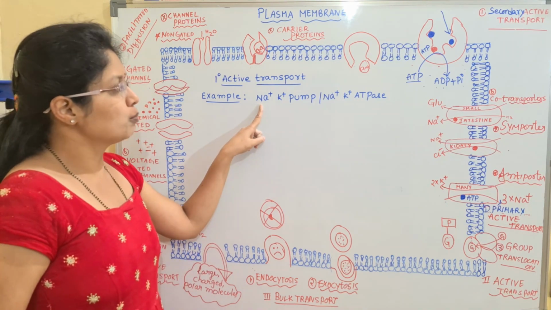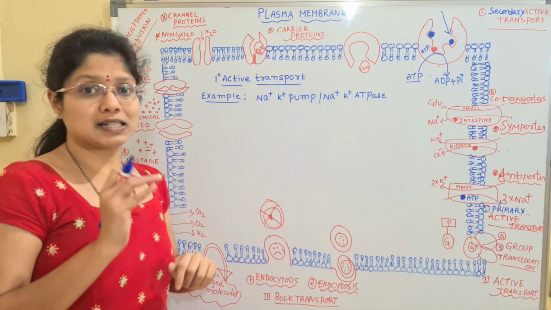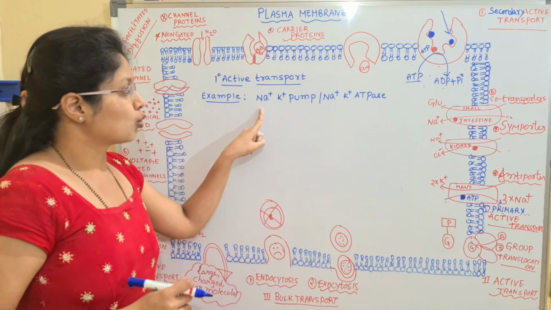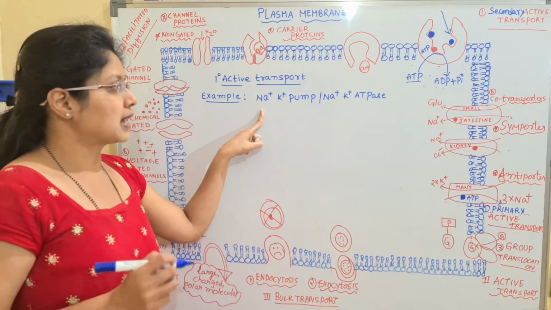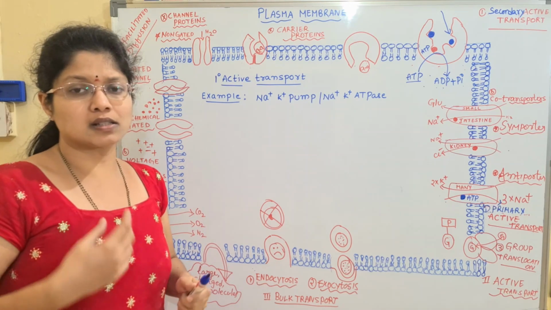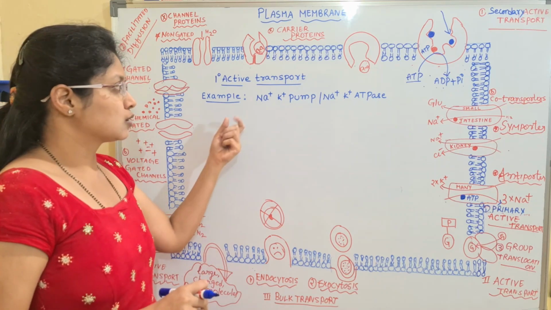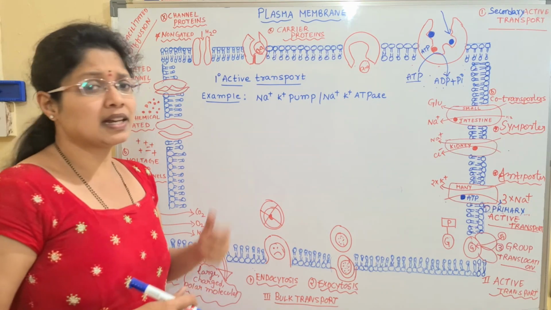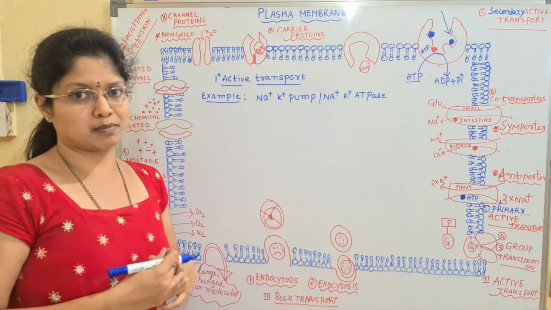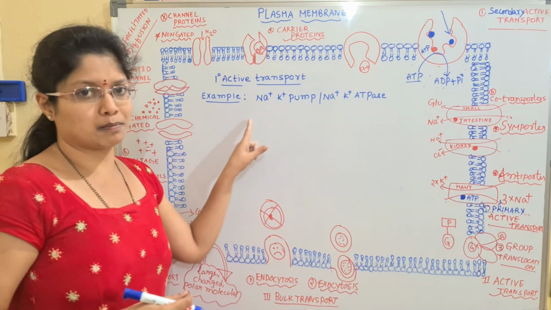Now tell me, how many molecules are participating here? For this example, if you observe, the sodium along with the potassium, both are obligatory, meaning each molecule requires the support of another molecule. The sodium is mainly creating the gradient and it will help the movement of the potassium ion. So both are coupled here.